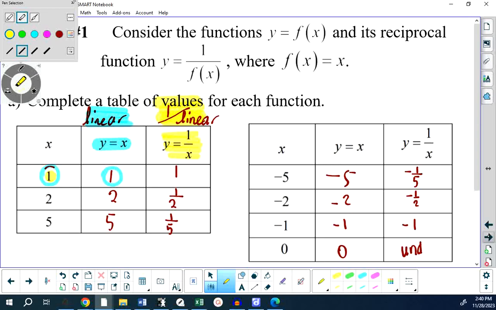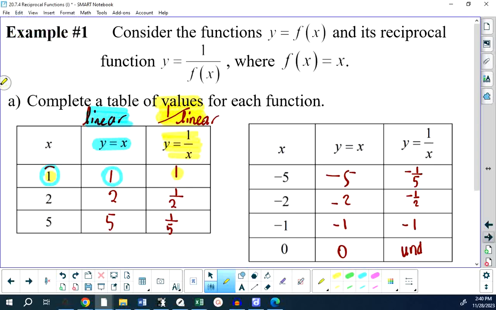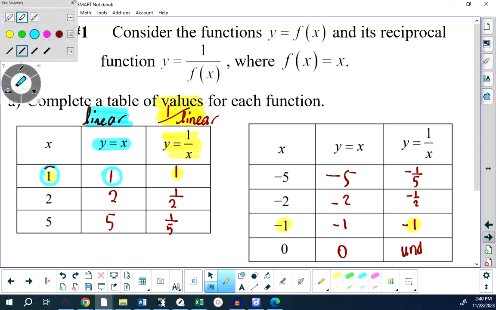This is an x comma y on the reciprocal of the blue function. You with me? They're the same point. So we'll come back to that idea in a second. Similarly, this is an x comma y on the yellow function, and this is an x comma y on the original function. So that point is the same as well.